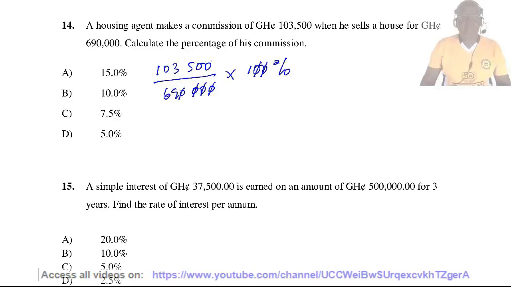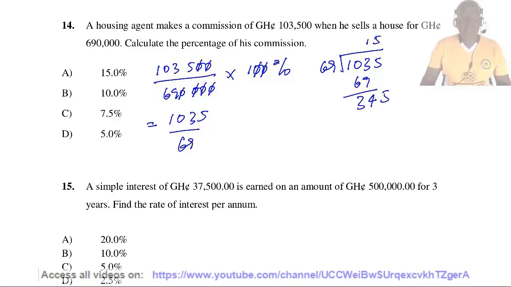So we shall be left with 1035 divided by 69. We shall apply the long division method. So 69 into 1035. 1, 69, 4, 3, 5, 5, 5, 3, 4. So the answer is A.